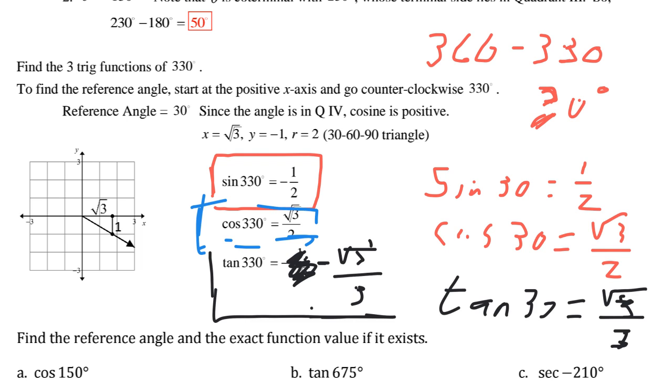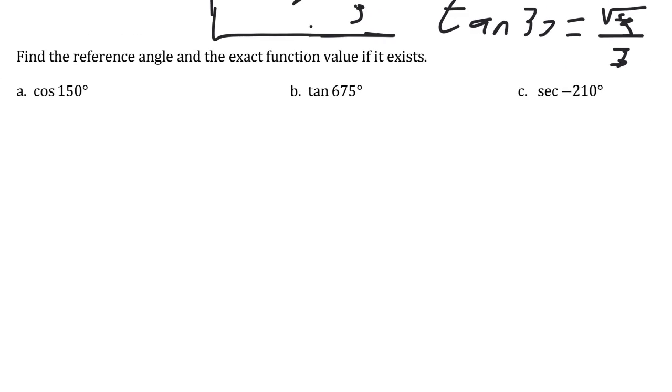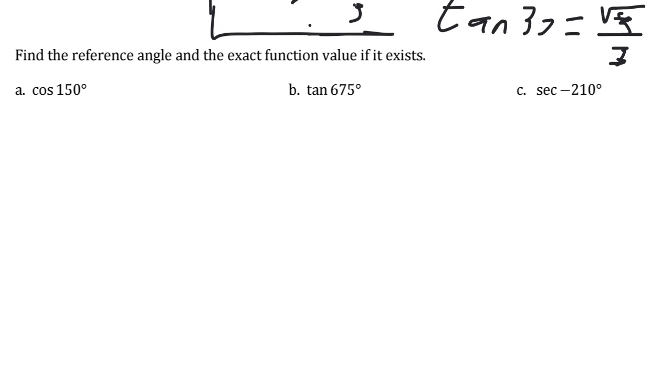So let's go down and try a couple of these. Find a reference angle and the exact value function. So 150. Well, it's within 0 to 360, so I'm good there.